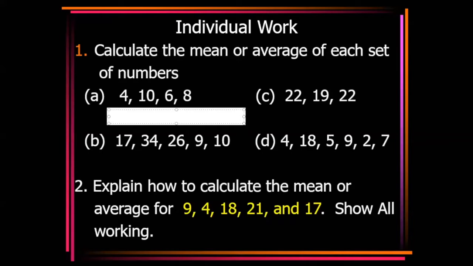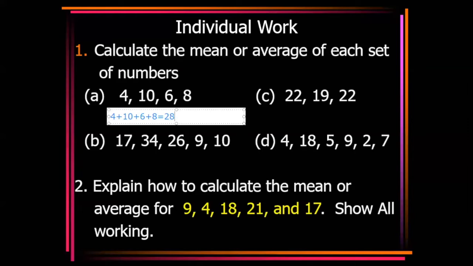Okay, 4 plus 10 plus 6 plus 8. Good. Now, what is the sum of 4, 10, 6, and 8? Okay, 28. That is step 1. Now, what is step 2?